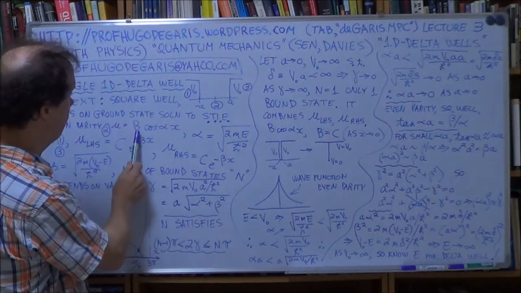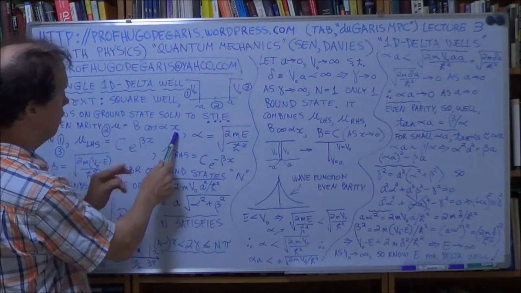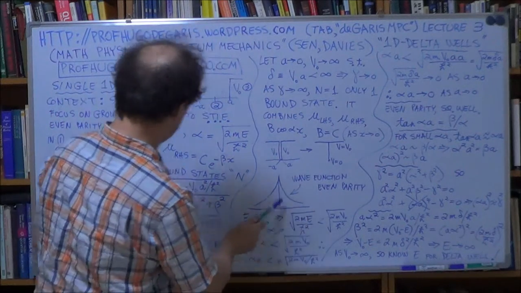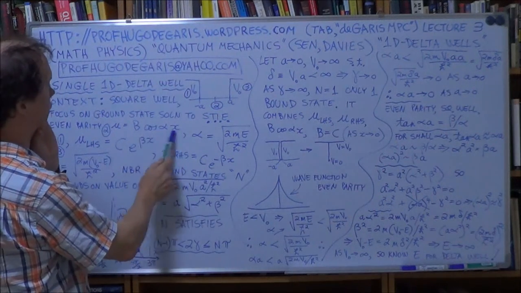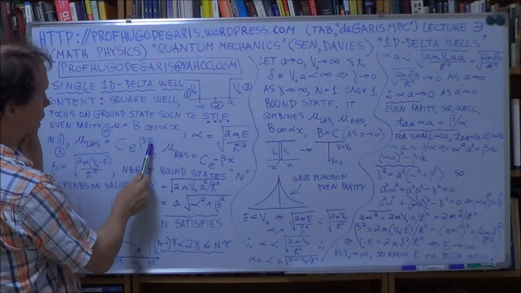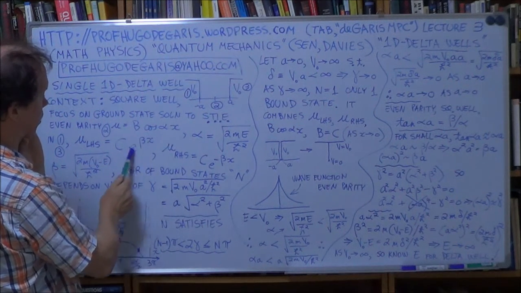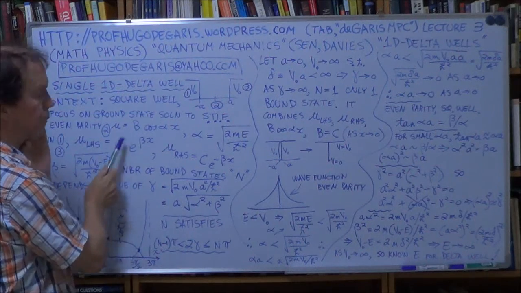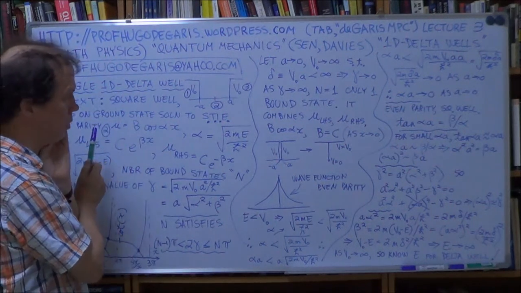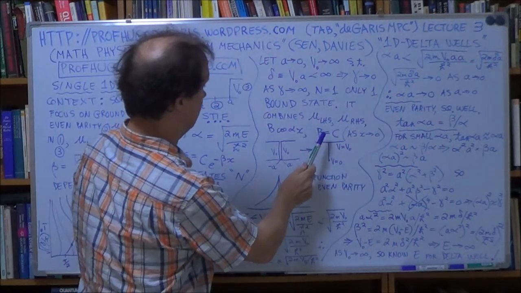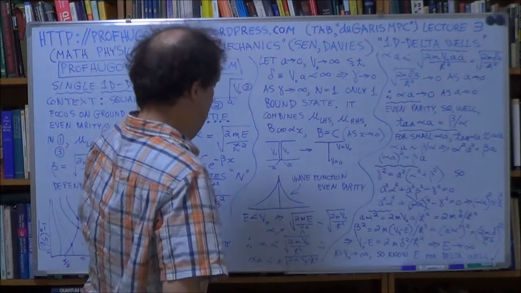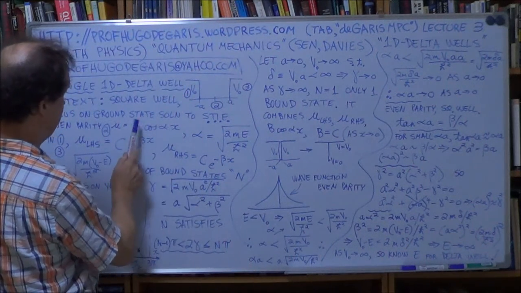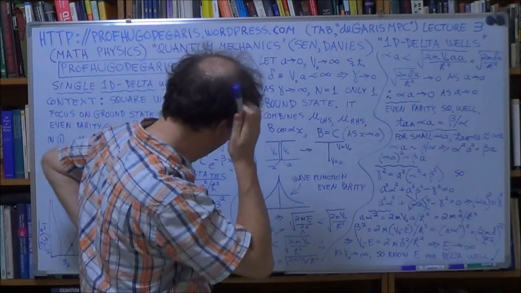This b here, when x goes to 0, as your a gets really small, so your x goes to 0, this is effectively 1, so you're just left with b. As x goes to 0, this is also 1, and you've got continuity, therefore b and c have to be equal. Follow that? Just from continuity. So we know b equals c. So whatever this is, these c's here will have the same value as this.